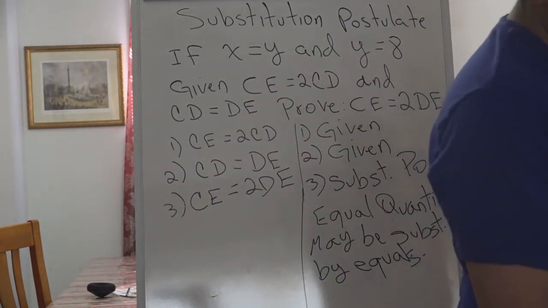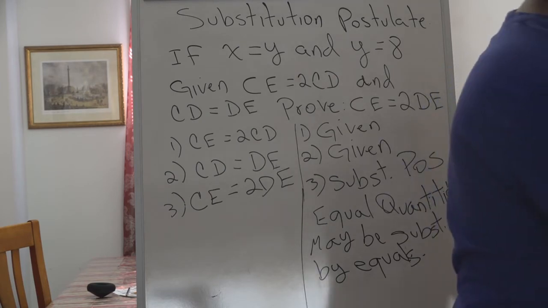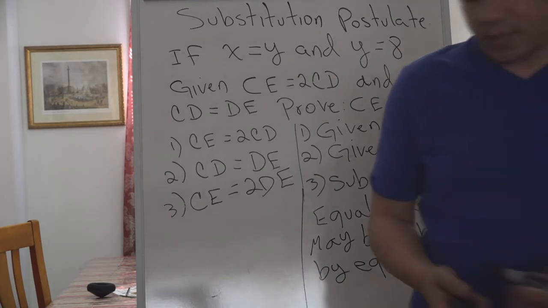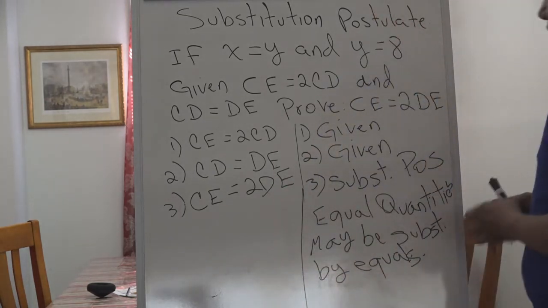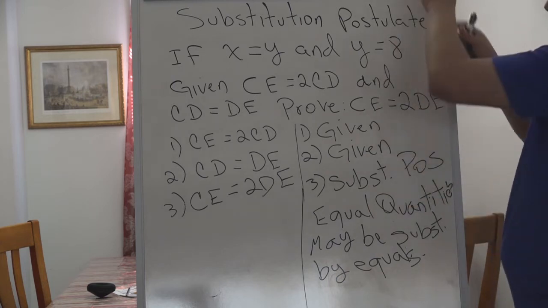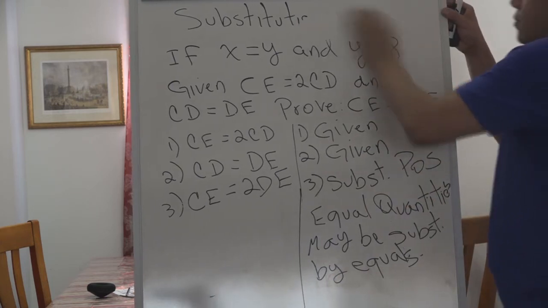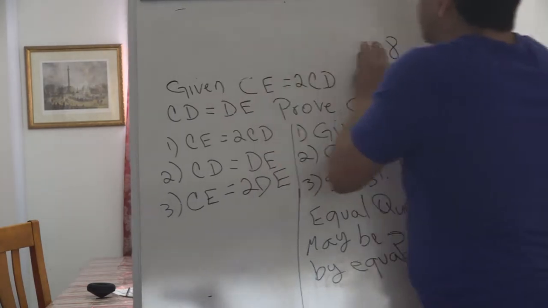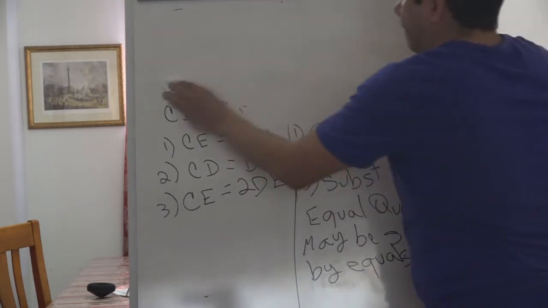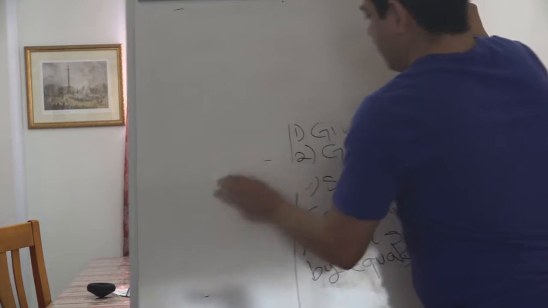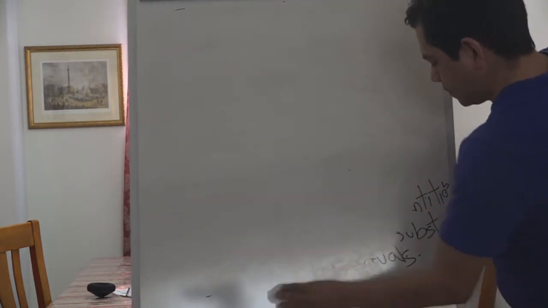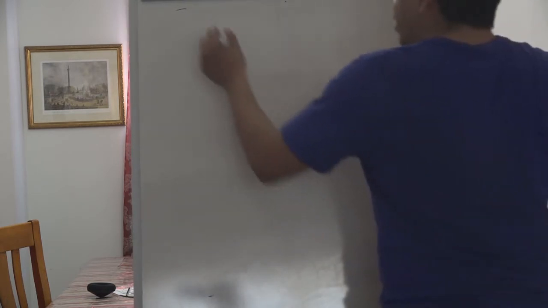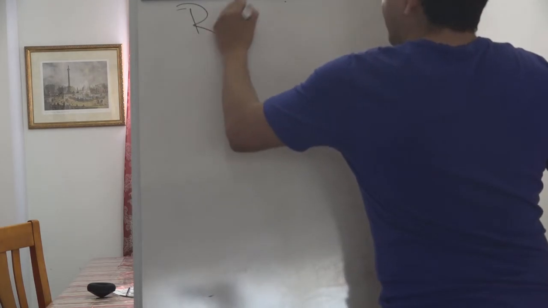Guess what? This is the hard one. So now let us go on to the easy part. First of all, let us recap on the properties that we just learned. Okay, so we learned about the reflexive property.